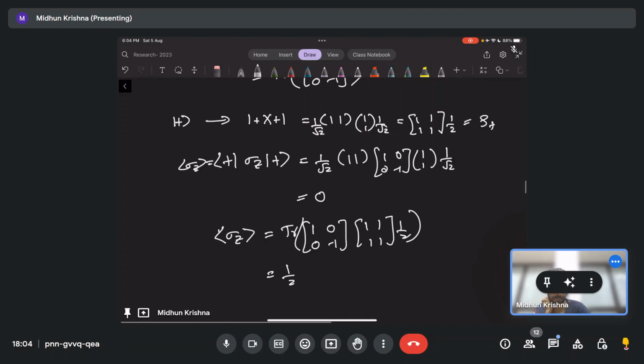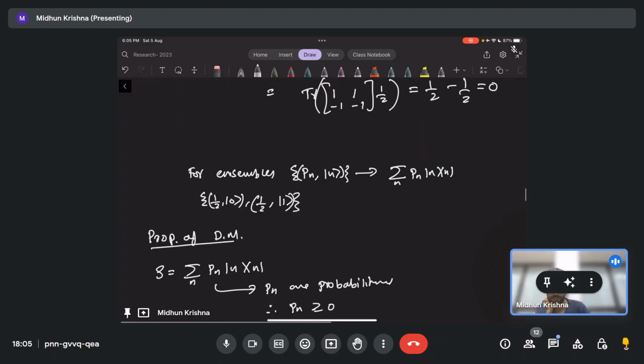If I do the multiplication, I'll find it to be the trace of minus 1. So this is half, or let's just keep the half inside. The trace of this is basically the sum of diagonal elements of the matrix, as I said. So here it's half minus half, which is zero again. So this is another way of computing. So for a pure state, it doesn't make any difference.